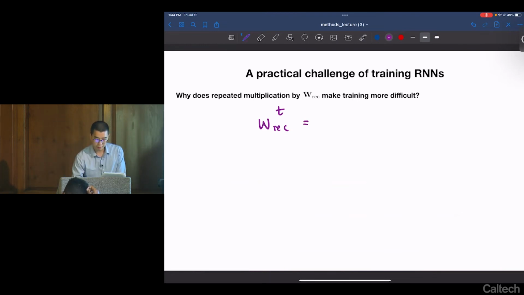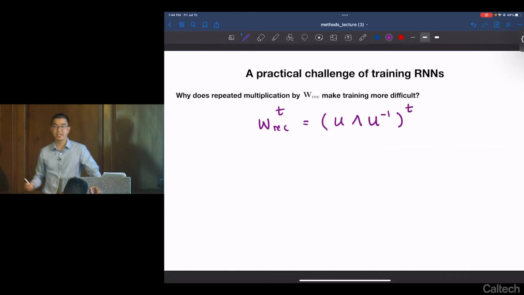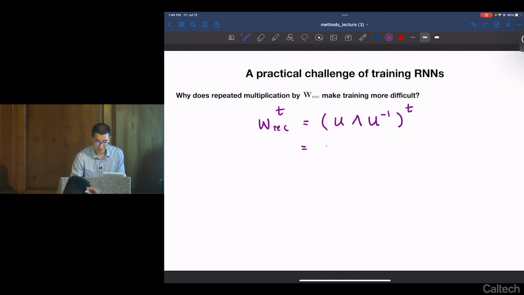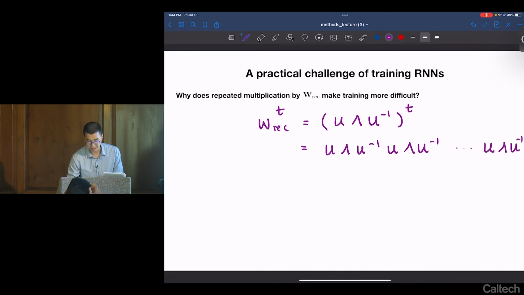W_rec will have an eigenvalue decomposition given by U lambda U inverse. And this is raised to the t, meaning that I multiply it by itself t times. So this is going to equal U lambda U inverse times U lambda U inverse times U lambda U inverse.